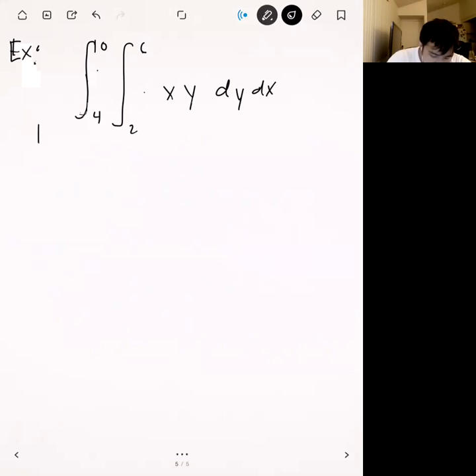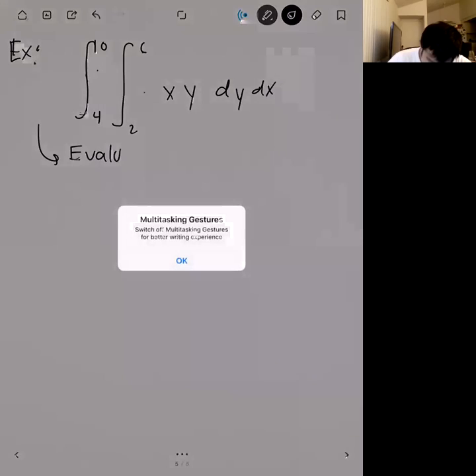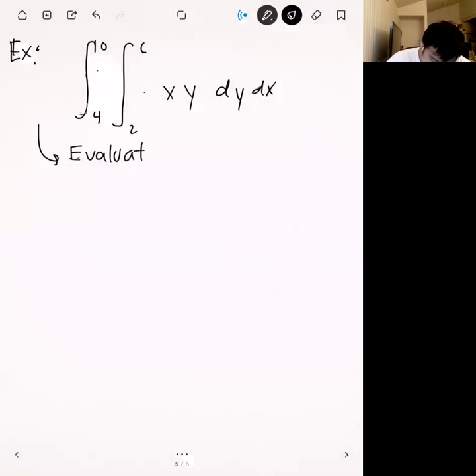And we want to evaluate this with Gauss quadrature with a single point.